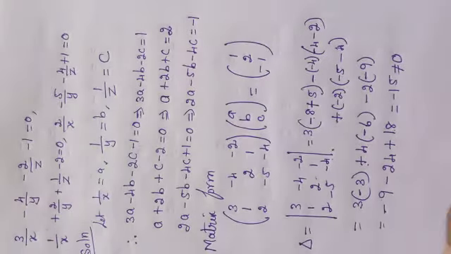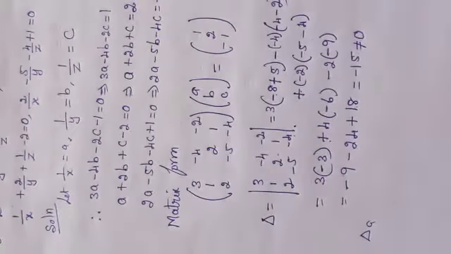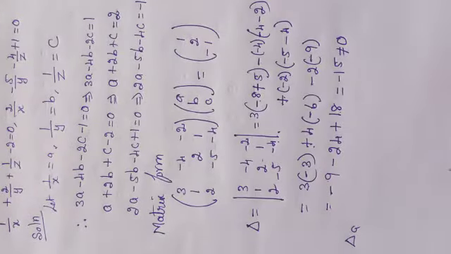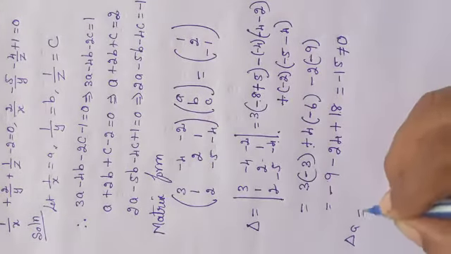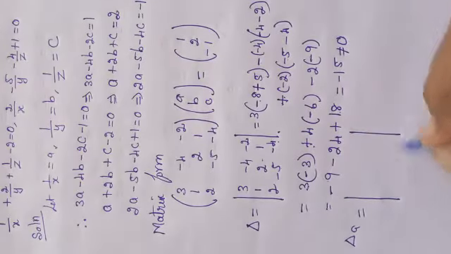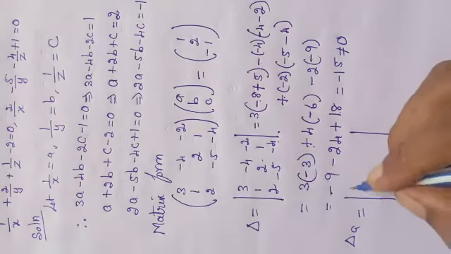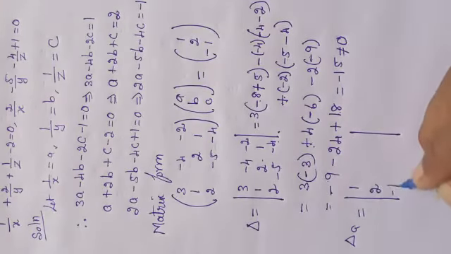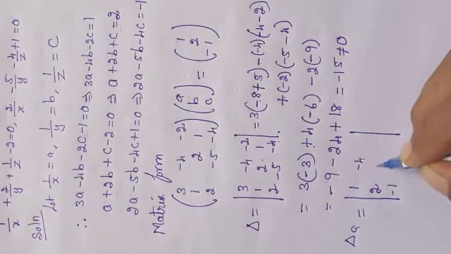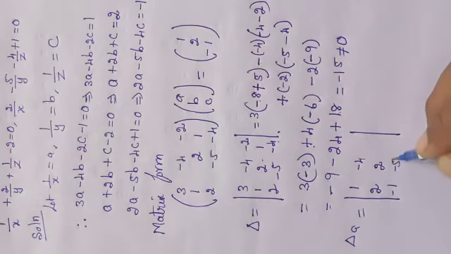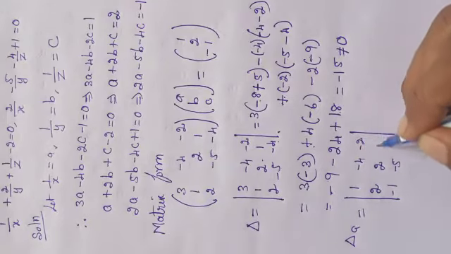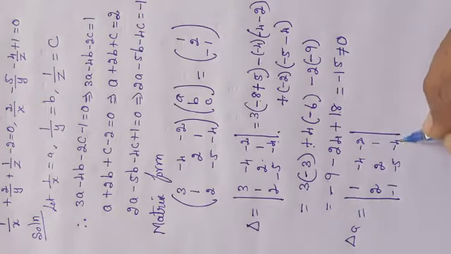Now we have to find out what is delta A, delta B, delta C. So delta A means in place of A, we have to give the constant values 1, 2, minus 1. Remaining as it is: minus 4, 2, minus 5. Then minus 2, 1, minus 4.